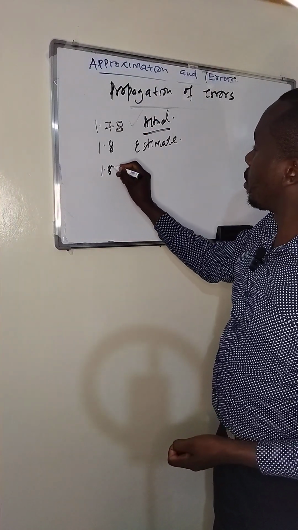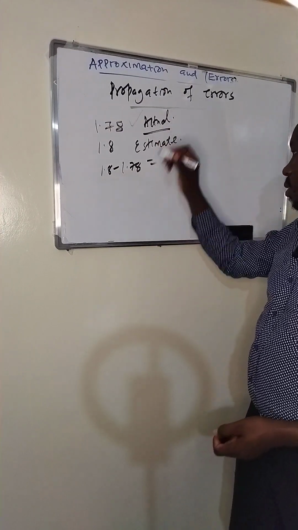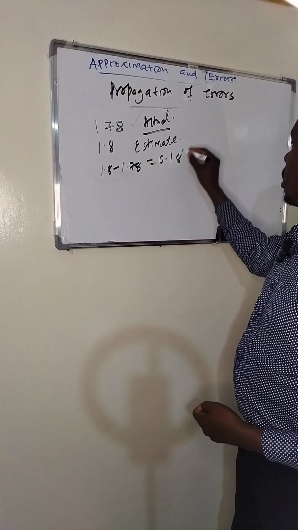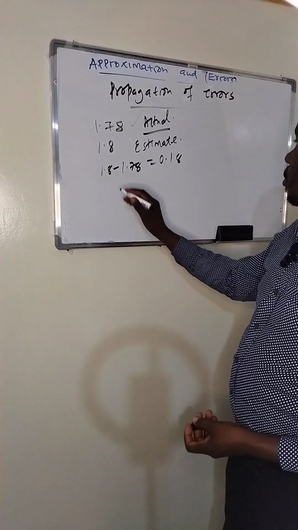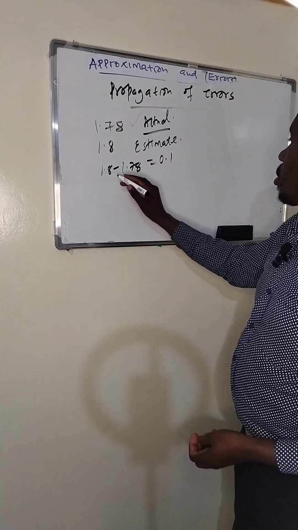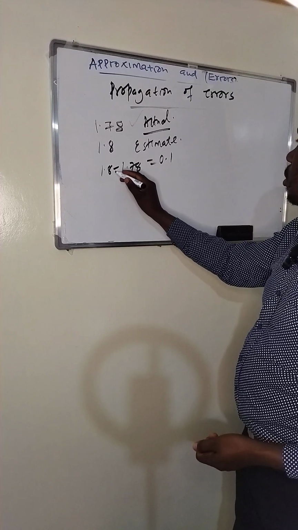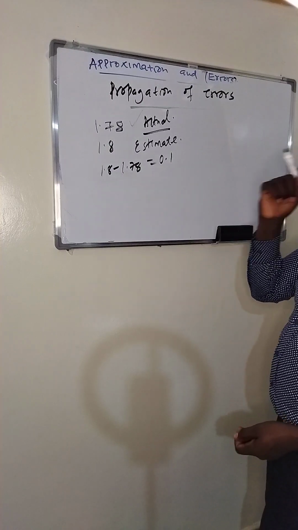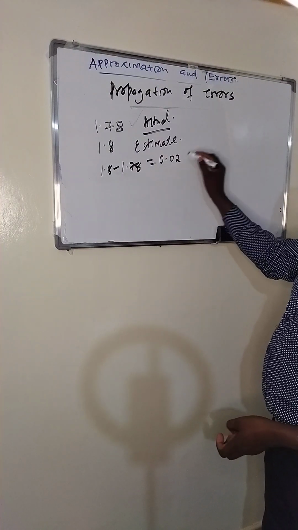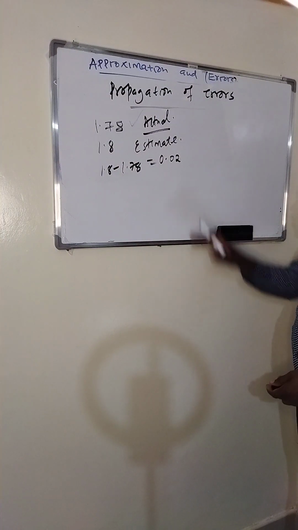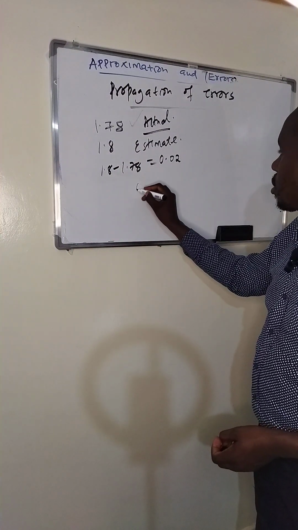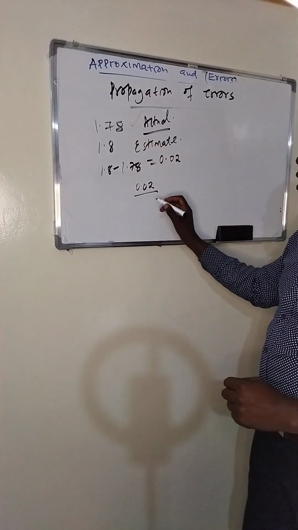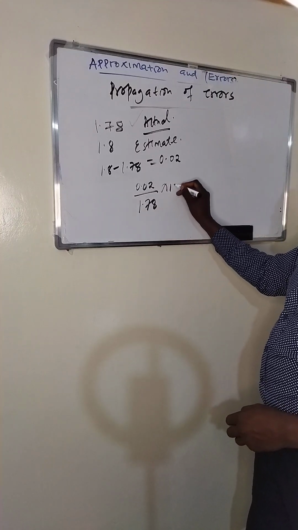So 1.8 minus 1.78 is 0.02. That is the error. So you want to get a percentage error, you take the error, 0.02, divide by the actual. So the actual is what the student should have given as the answer, 1.78, then you multiply by 100.